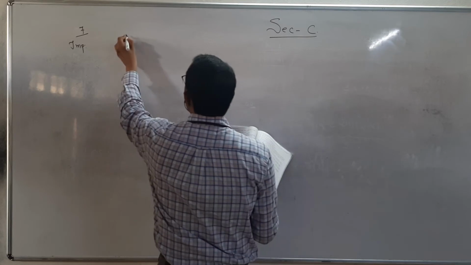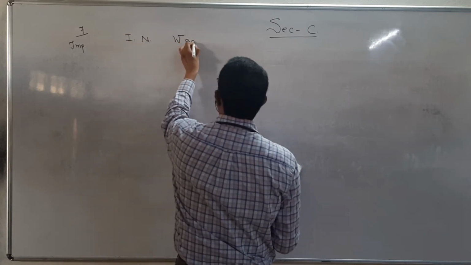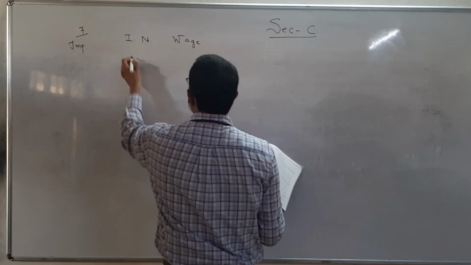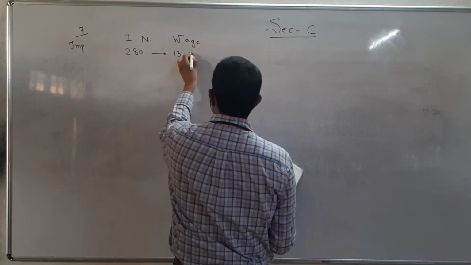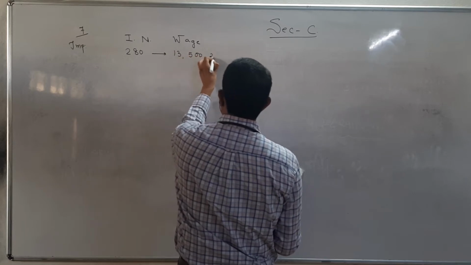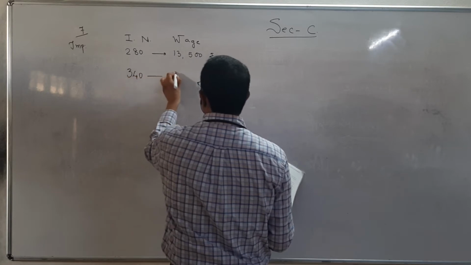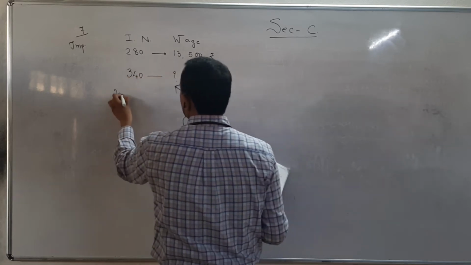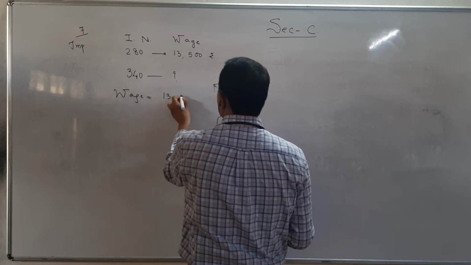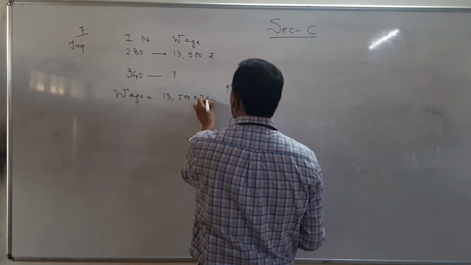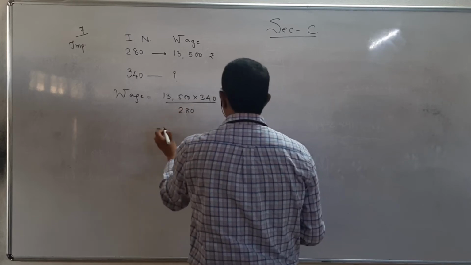What you do: index number and wage. When the index number was 280, the wage of the worker was 13,500 rupees. So when the index number changes to 340, what should be the wage? So wage is equal to 13,500 into 340 divided by 280.